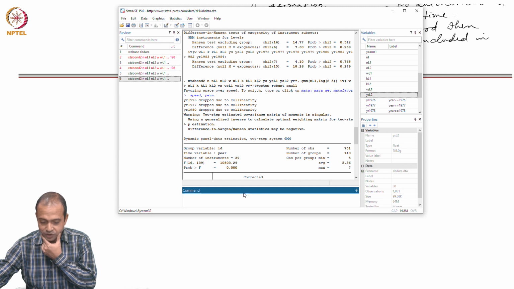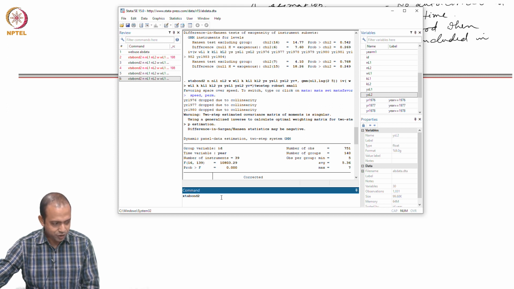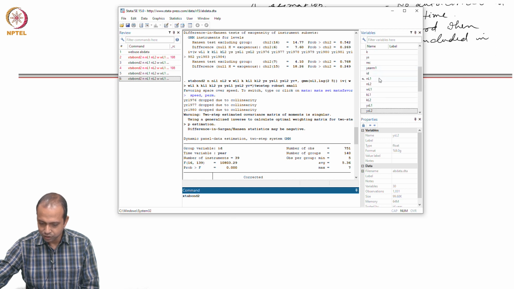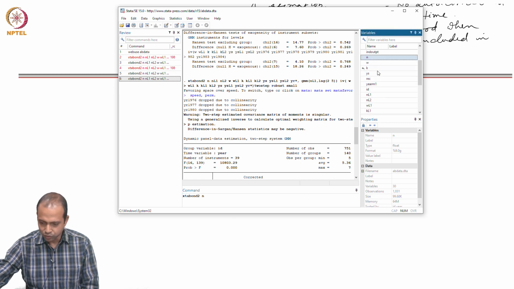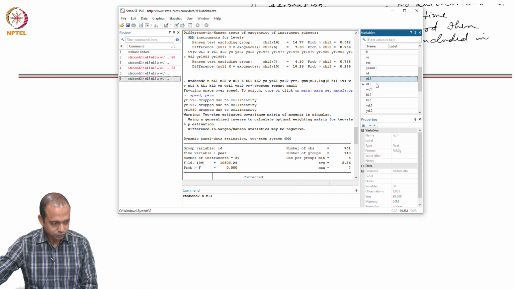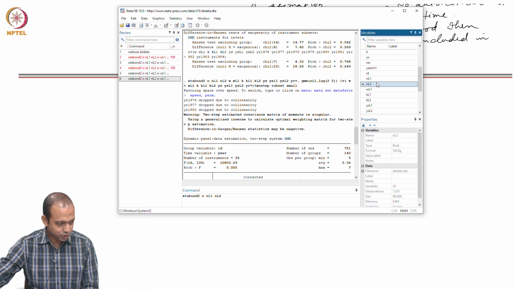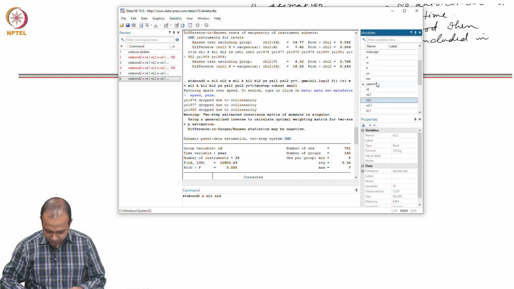If you want, you can remove this nl2 and check whether that gives a better result, and then w and wl1, and after that we can take k, kl1, kl2, and then ys, ysl1, ysl2, and then we have to put that ER dummy, all right, and then comma gmm.